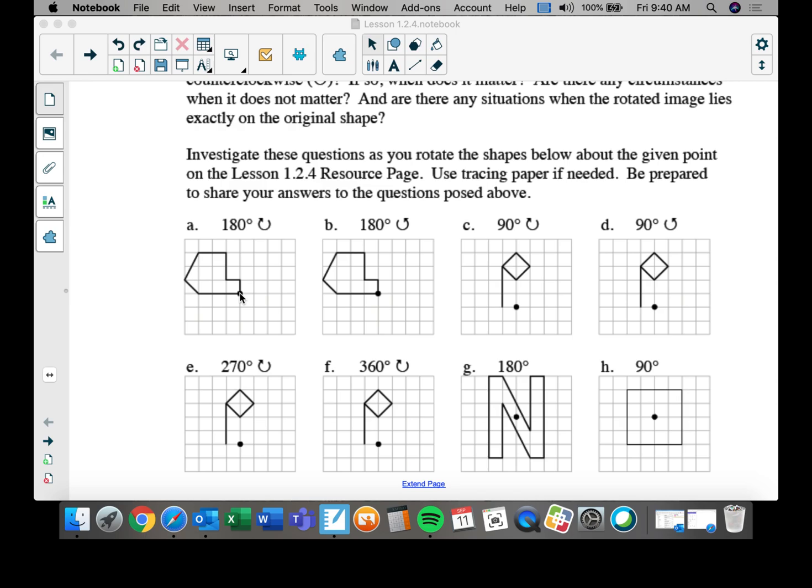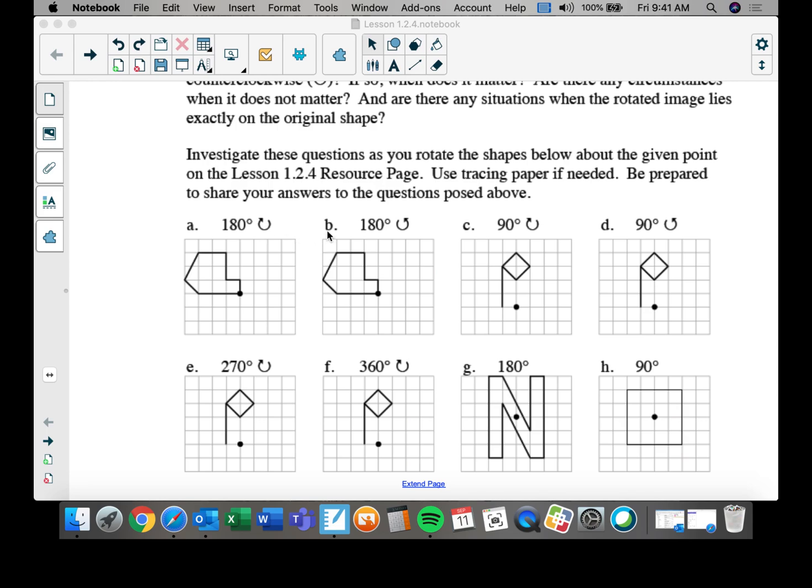Then, right here, put a plus sign so that you can see whether you've rotated it 90 degrees, 180 degrees, whatever that happens to be. So you're going to put a plus sign at your point of rotation, and then hold your pencil on that point of rotation and rotate your patty paper, in this case 180 degrees in a clockwise direction, and see where it ends up.